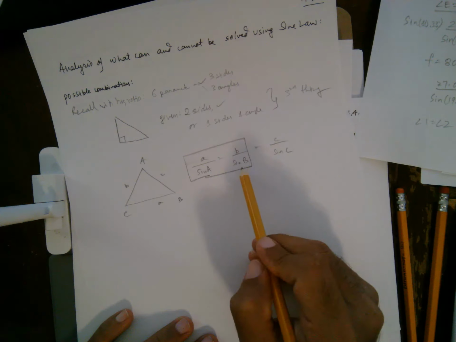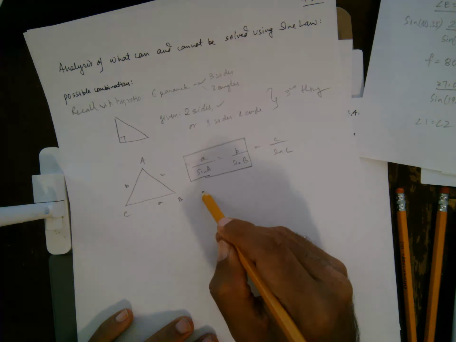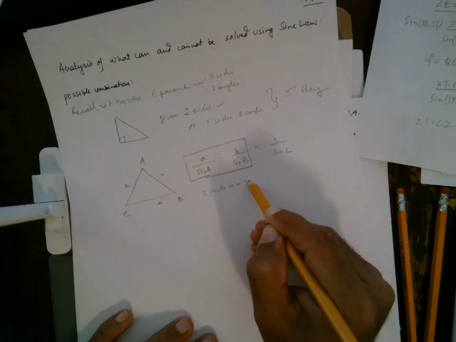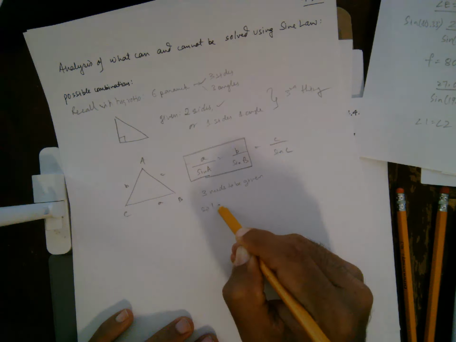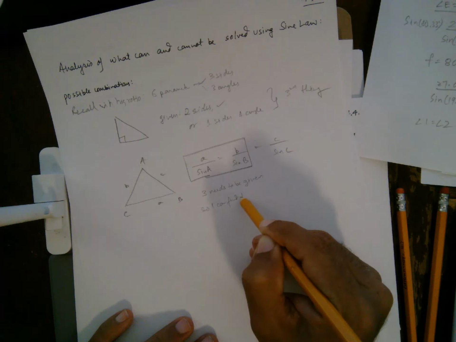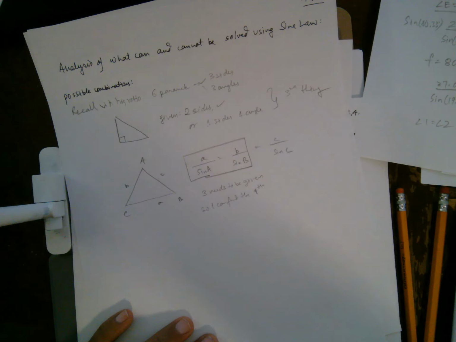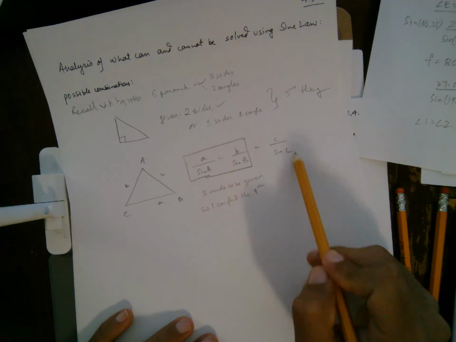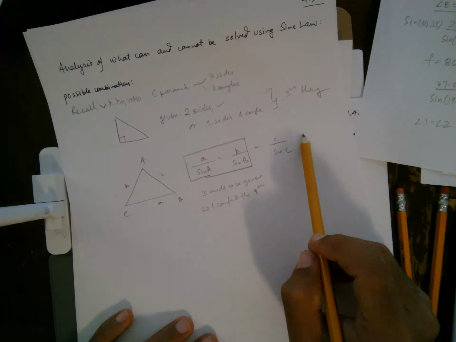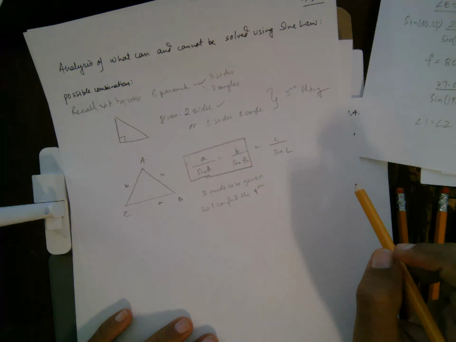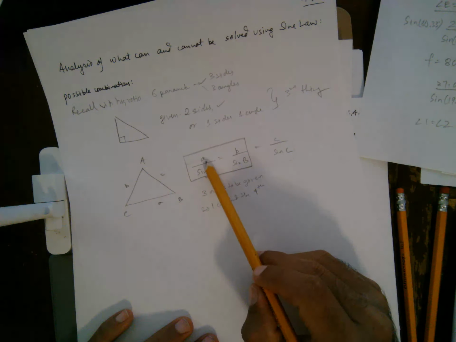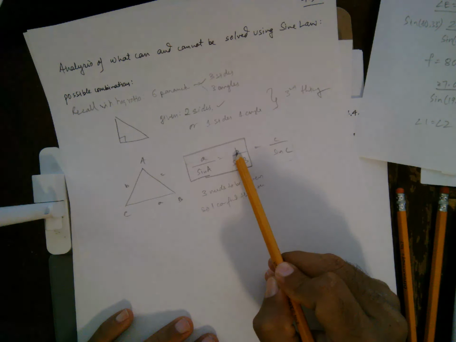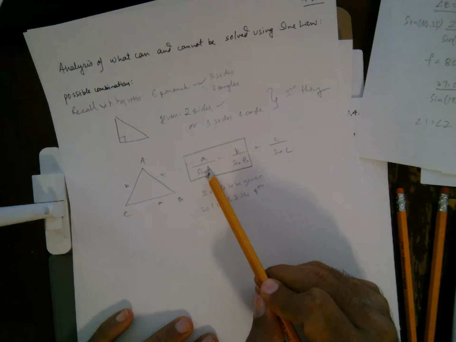There are 4 things here, and out of the 4 things, 3 need to be given, so I can find the 4th. If I don't have 3 out of these 4, then I'm not able to solve. For example, if I'm only given 2 sides, I cannot solve. I have to be given 2 sides and the angle inside.